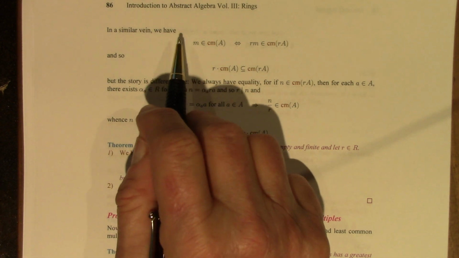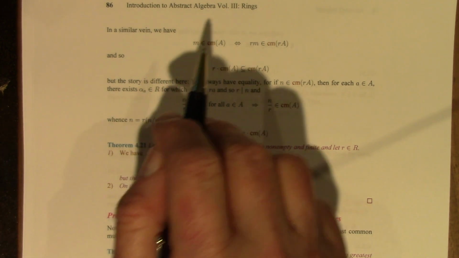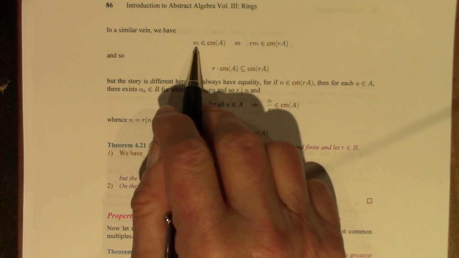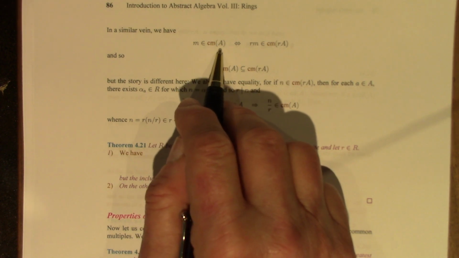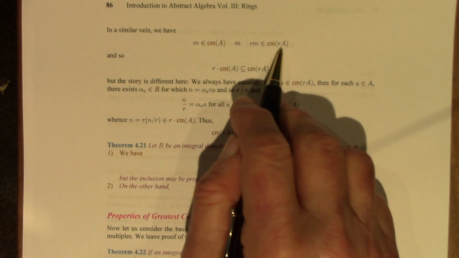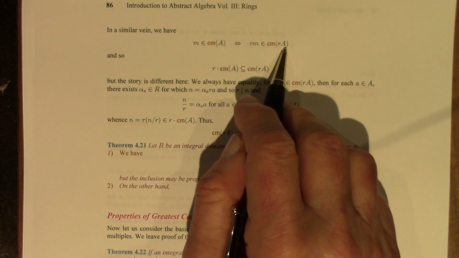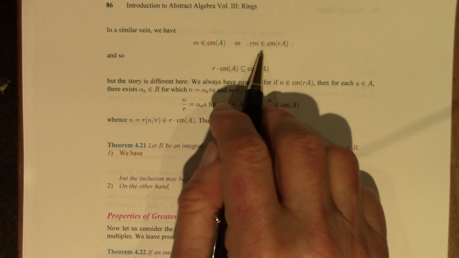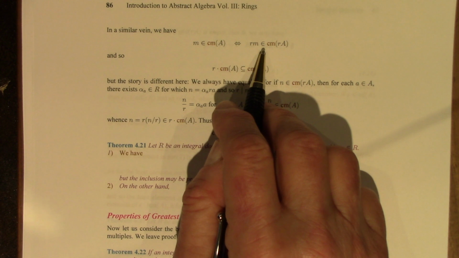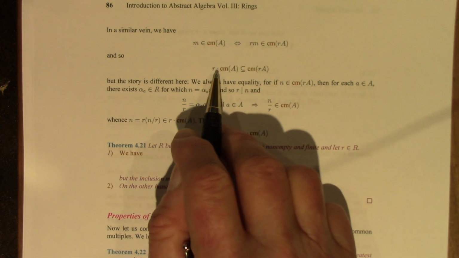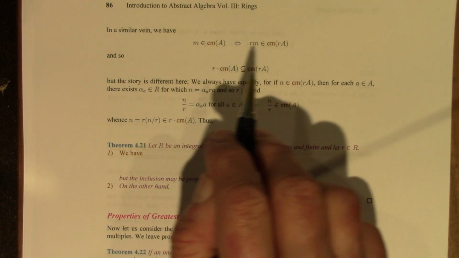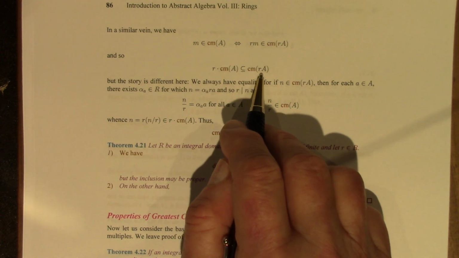Let's examine now common multiples. It is not difficult to see that if m is a common multiple of A, then rm is a common multiple of rA, and conversely. This requires cancellation and therefore an integral domain. So r times the common multiples of A is contained in the common multiples of rA.